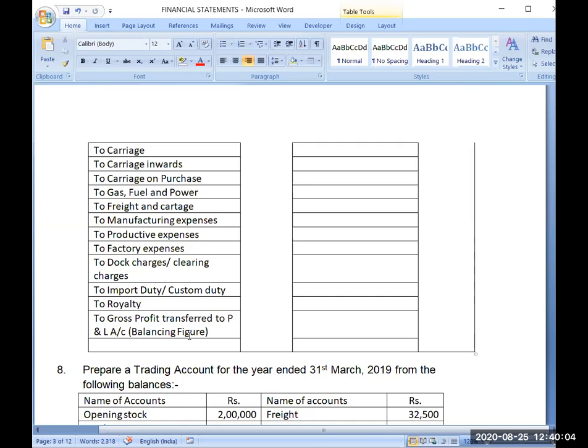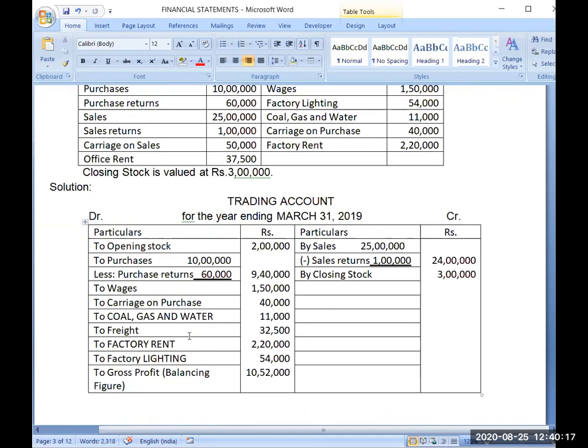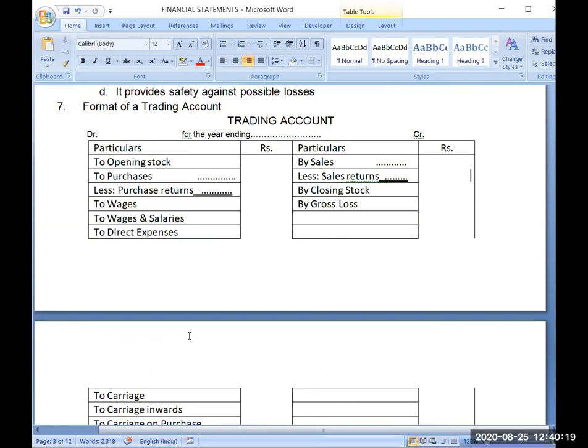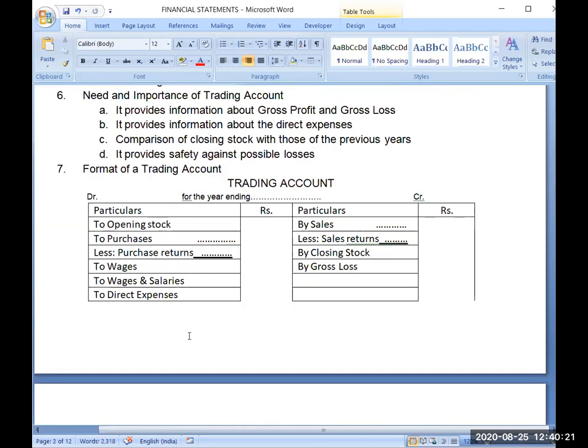Net sales minus cost of goods sold, I will be getting gross profit. So these formulas are also clear with the help of this trading account. The same account has been represented in the formula form, and you can easily remember the things with the help of each other.